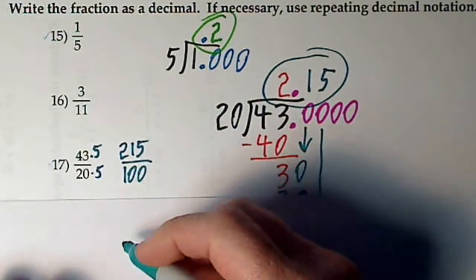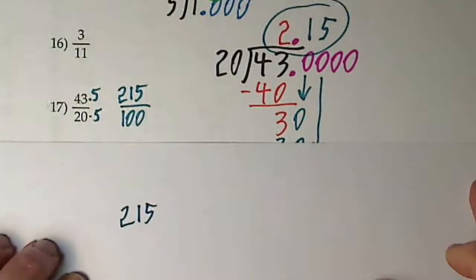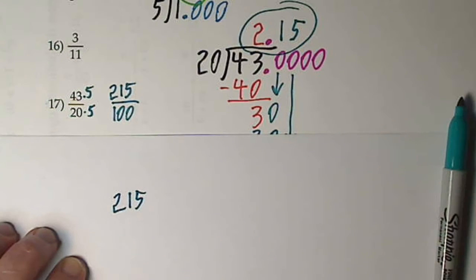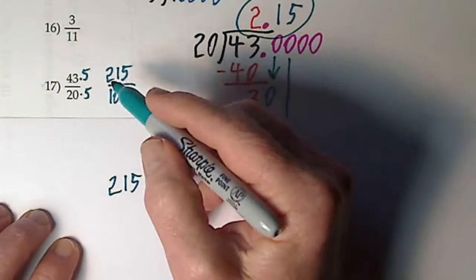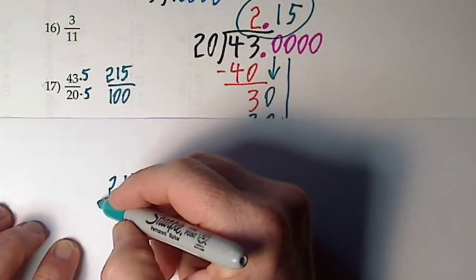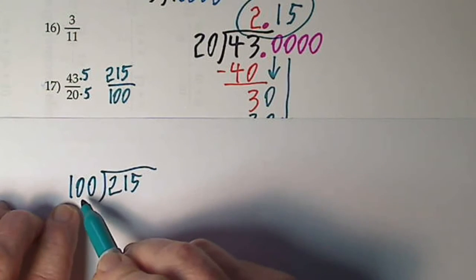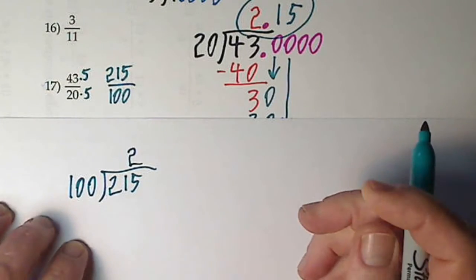Alright, so I claim that if I divide, I'm going to have to zoom out a little more. If I divide 215 divided by 100, here we go. It goes in just fine to start, right? 100 goes into 215 2 times.